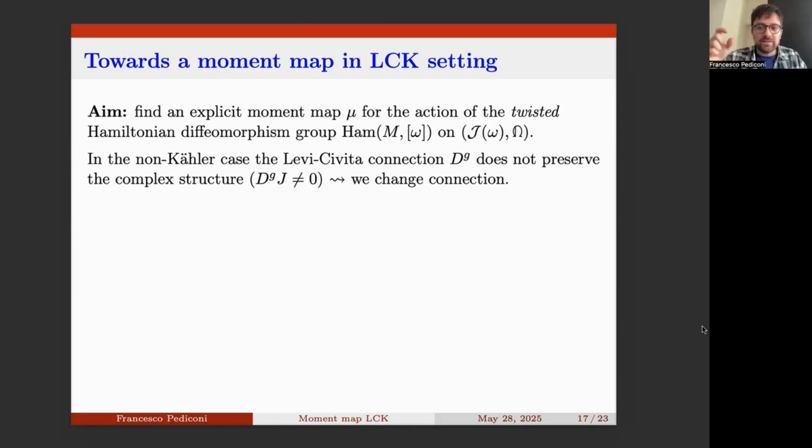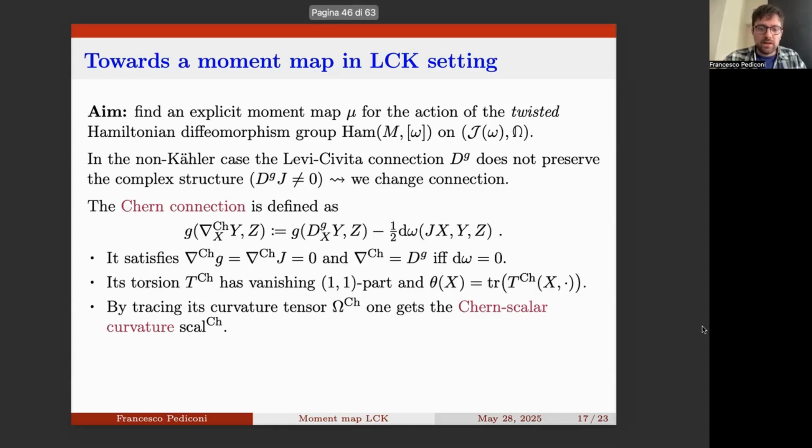The point is that the fact that a metric is non-Kähler means that the Levi-Civita connection does not leave J parallel. So in a sense, it does not encode the complex geometry of the manifold. So in order to write down this moment map, we change connection, and there is a bunch of Hermitian connections that you can pick on a given Hermitian manifold.